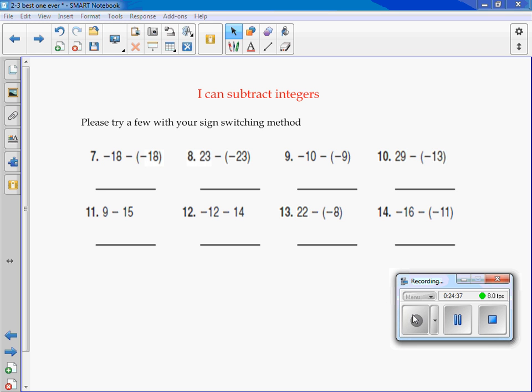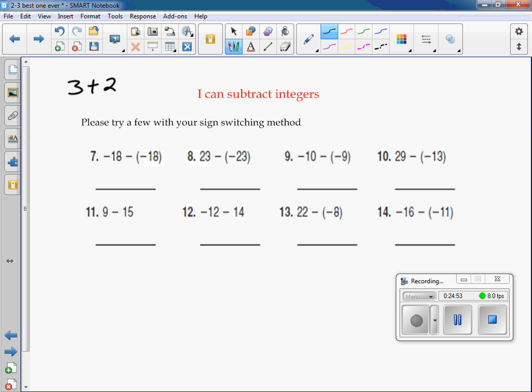Okay? So here's just a helpful hint and a tip for you. If you forget the rules, go back to the very basic of problems. What is 3 plus 2? 3 plus 2 is what? 5. Okay? We're adding a what? Positive. So when we add positives, we know that we move to the right.